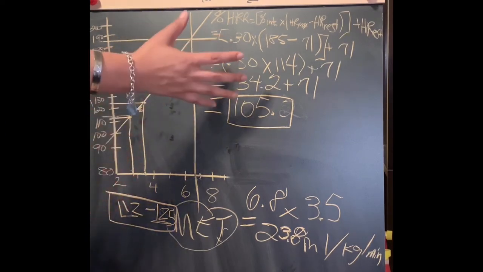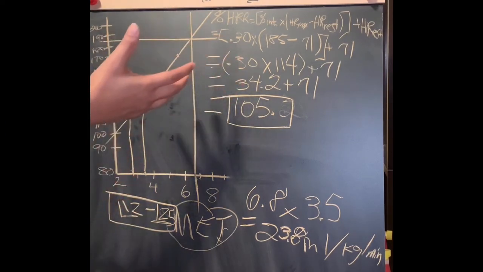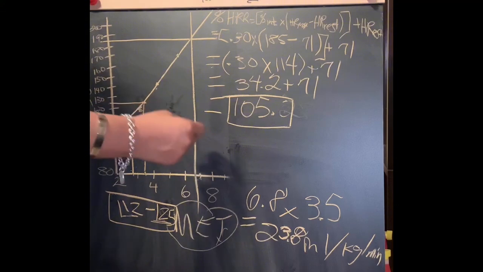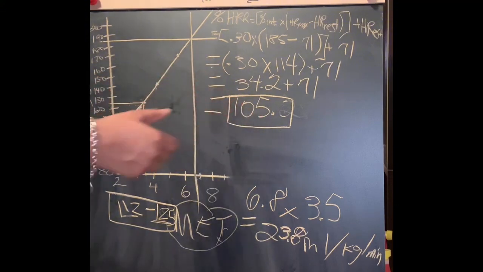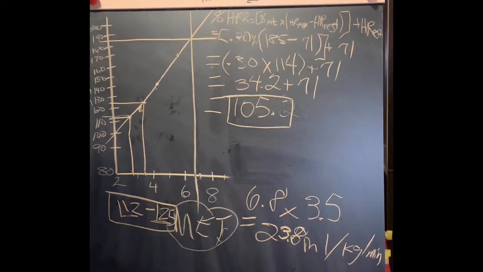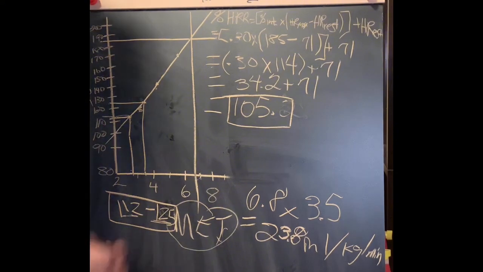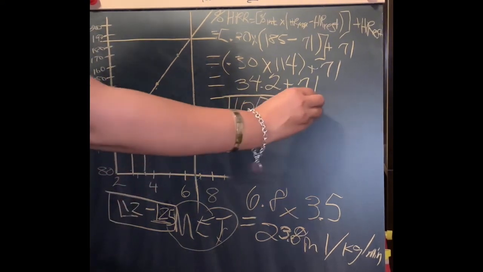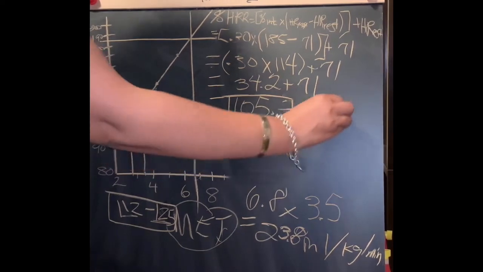And then as far as calculating the target heart rate zone, we had 105 for the minimum. And if you calculated the maximum using 0.45 there, then you should have come up with 122. So our range would have been 105 to 122.